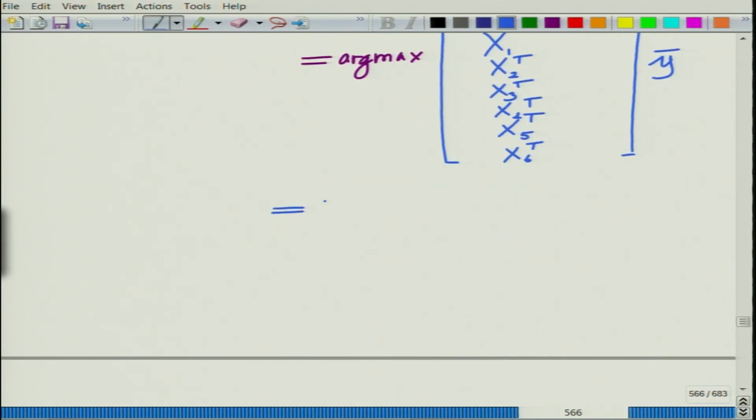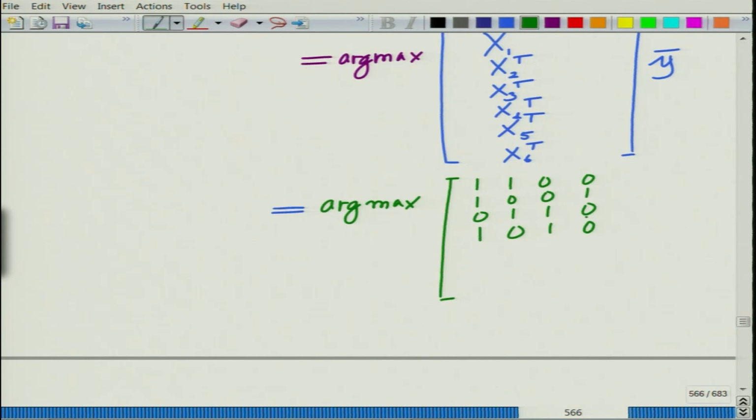So, I can write this as essentially taking the matrix 1 1 0 0 1 0 0 1 0 1 1 0 1 0 1 0 0 0 1 1 and 0 1 0 1. This is essentially your matrix.